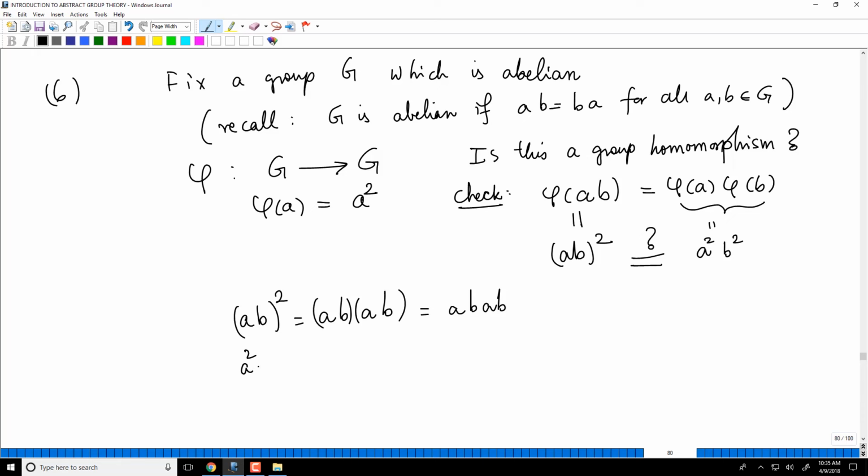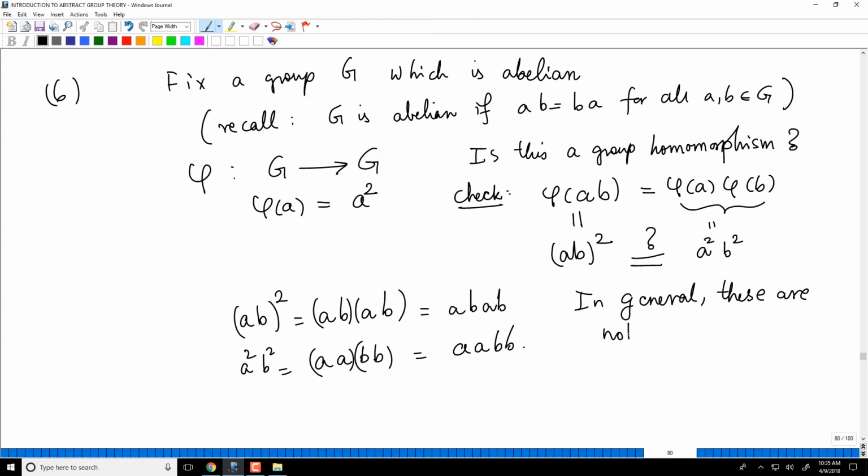What is A squared, B squared? This is AA, because that's what A squared is, times BB. Again I will remove the brackets, so this is AA, BB. See, there is no reason in general that these two are equal. In general, these are not equal.